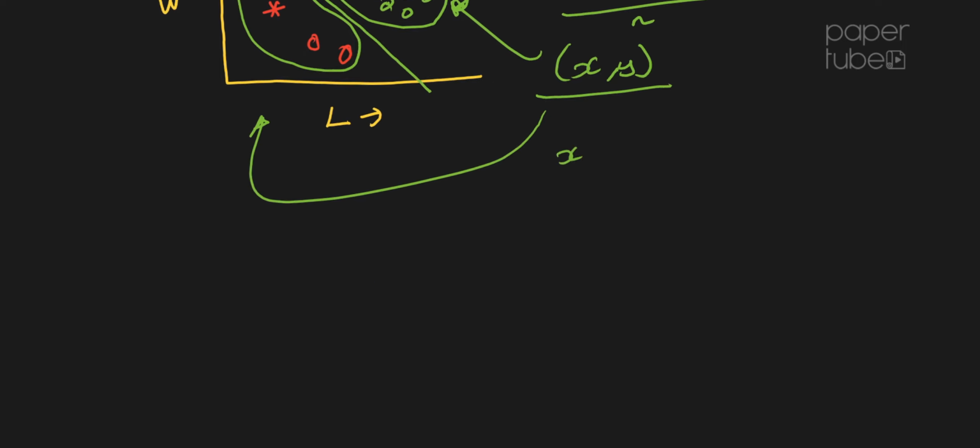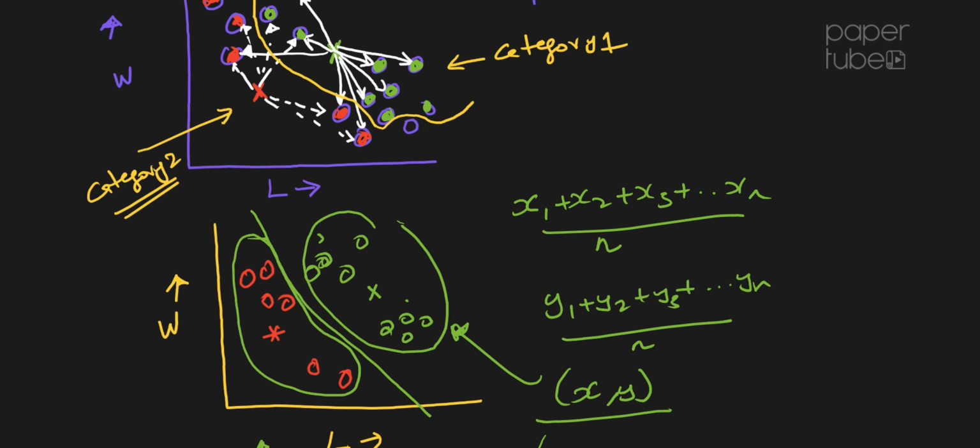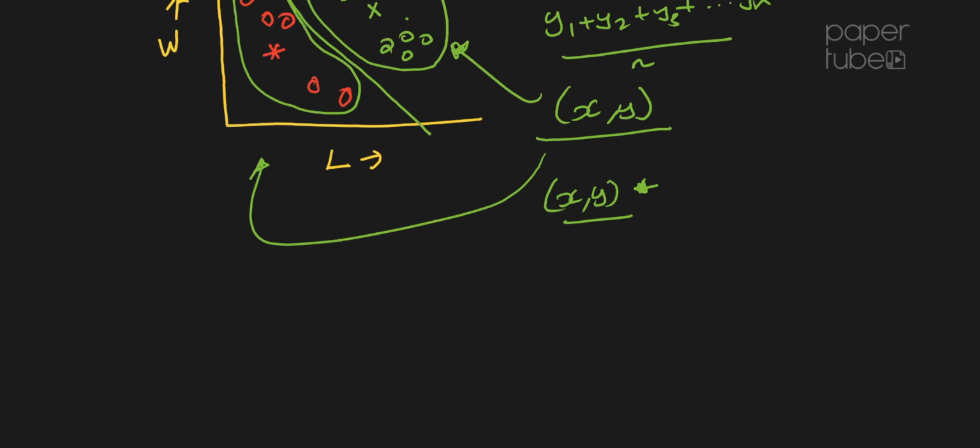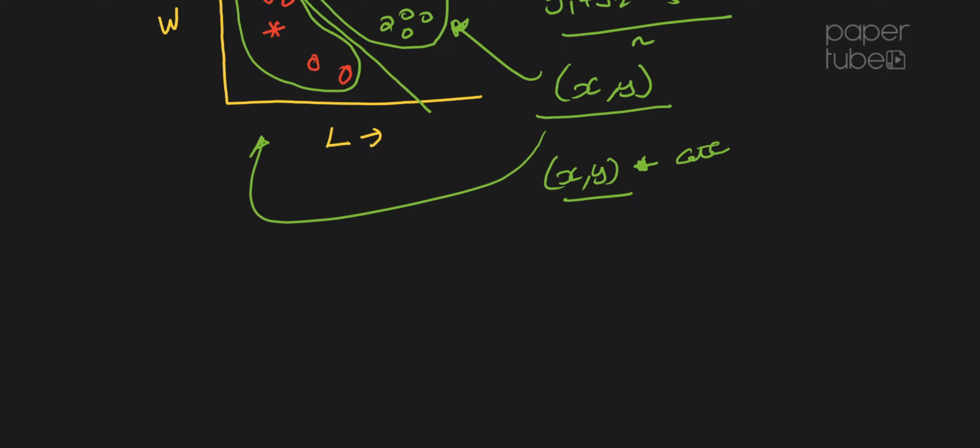So you will get another x comma y. This is the average of all the x's in the data points that belong to category 1, and you also get the x and y which is the average of all the x and all the y in the data points that belong to category 2.